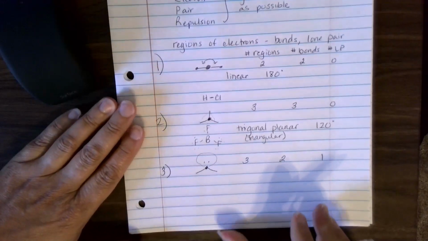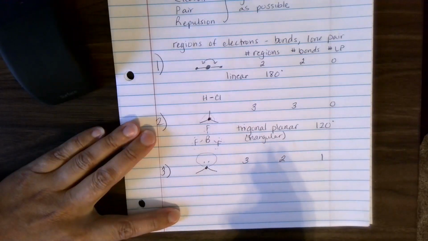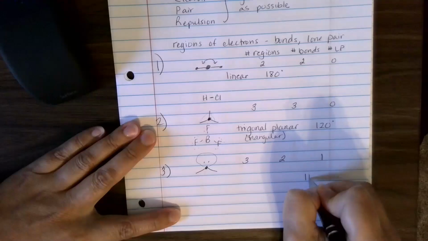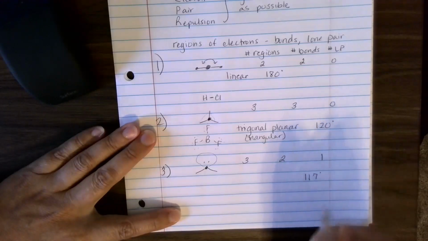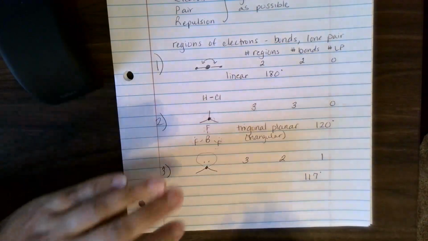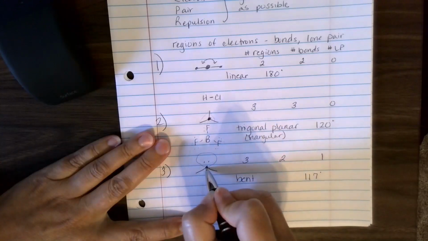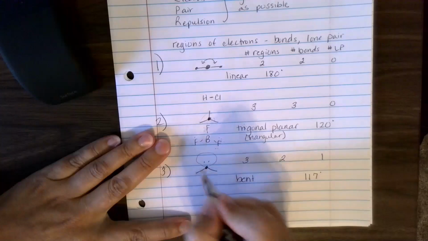And because it takes up more space, it shoves these bonds a little bit closer together. So those bond angles are going to decrease down to 117 from 120. And this shape is called bent because all we see is this part, and instead of being straight, it looks bent.